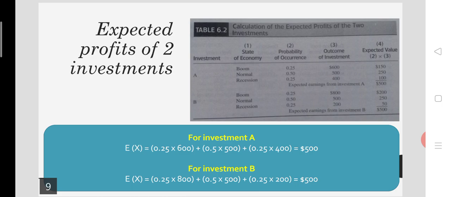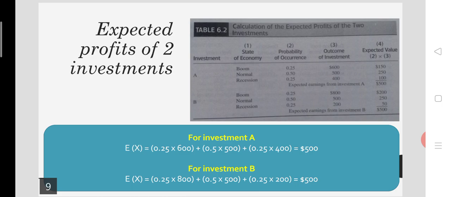When the economy is in a normal situation with a probability of 0.5, the outcome is 500, multiplied by 0.5, gives 250.